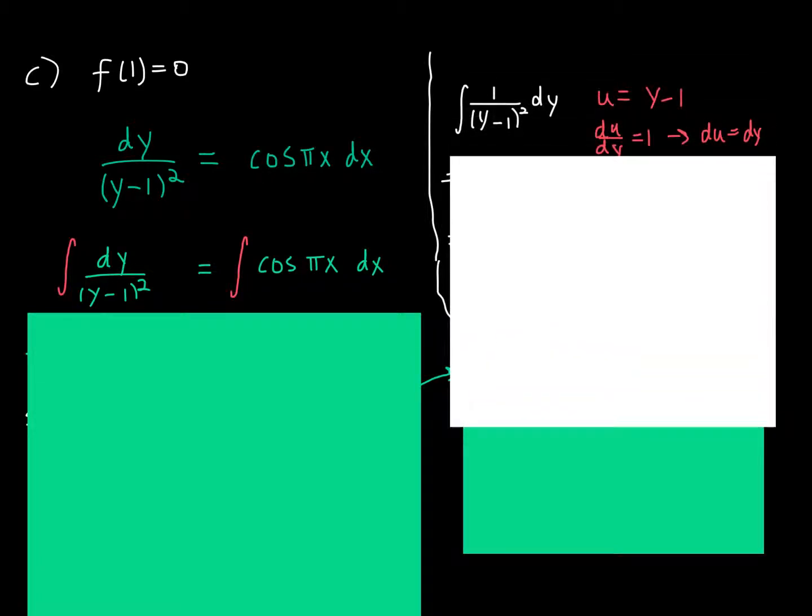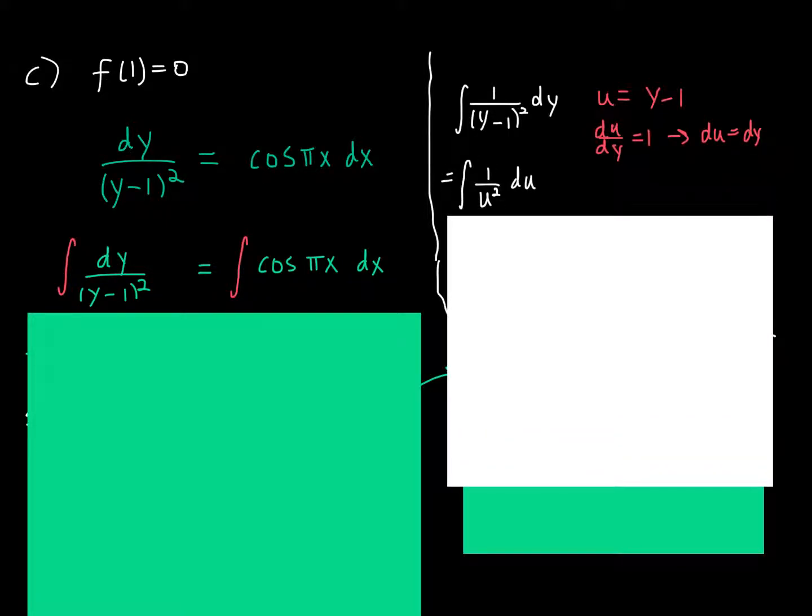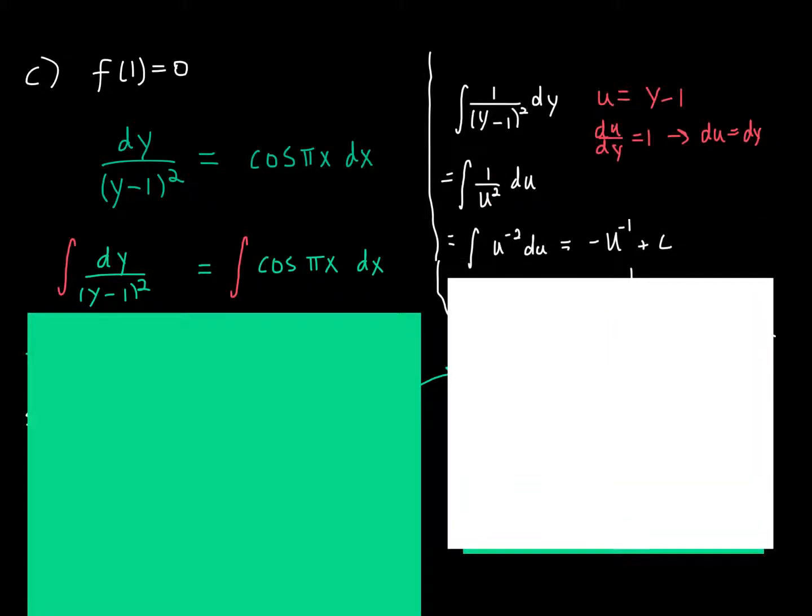So the u substitution that I could make is that u should be y minus 1, and if I do so, then du is going to be dy, and that gives me a nice easy antiderivative, the antiderivative of 1 over u squared du. And in any situation where I have some power in the denominator, I'm going to move it up to the numerator, and that is going to make my life a lot easier.